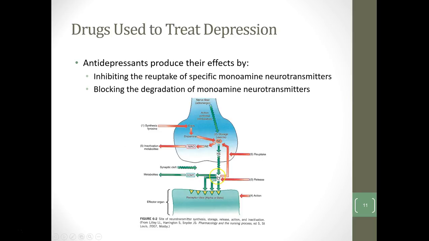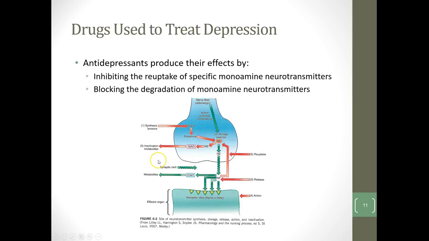So what can happen is the norepinephrine, when it's done, it can be brought back into the nerve ending where it can be recycled and reused again, and that's called reuptake, or it goes out into the synapse where chemicals will start to break it down.